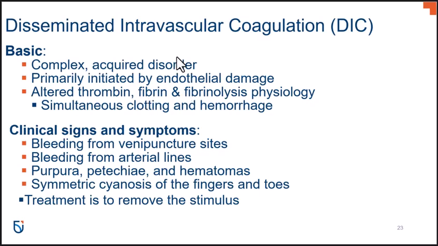And what I mean by this is that it's this condition that ends up leading to DIC. What we see with DIC is simultaneous clotting and hemorrhaging occurring because of altered thrombin, fibrin, and fibrinolysis physiology. And we'll discuss a bit more of that on the next slide.